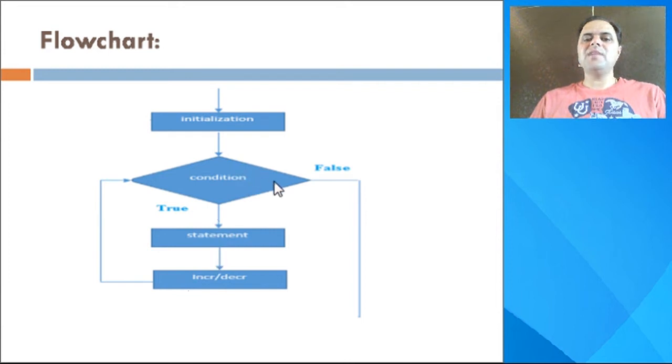Otherwise, if the condition is false, the control will go outside the loop. So until the condition is true, the loop goes on executing again and again, and if the condition becomes false, the control goes out of the loop.